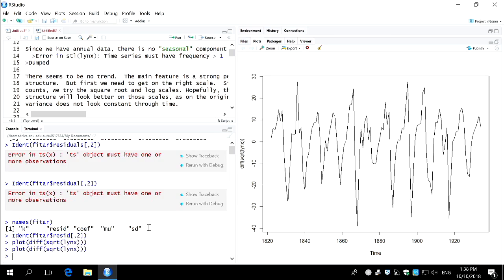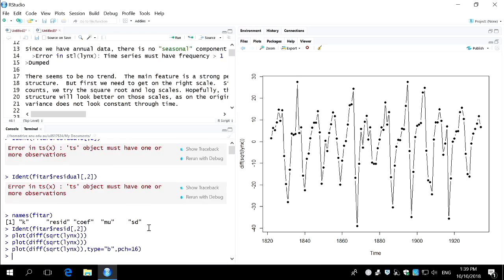Again, it looks pretty wiggly. Doesn't look quite as regular as the other one, does it? It's definitely got peaks and troughs, and I guess if we counted points, which we can do, comma type equals B, PCH equals 16.